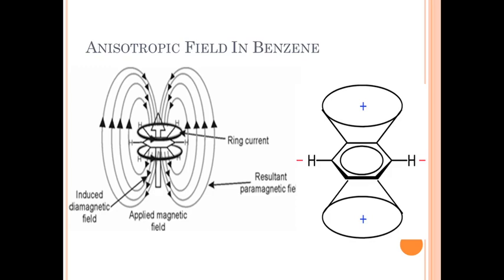So, you can see here two types of fields are created. This is the applied magnetic field, which is the external field, and this induced magnetic field. It was induced by the particular compound.